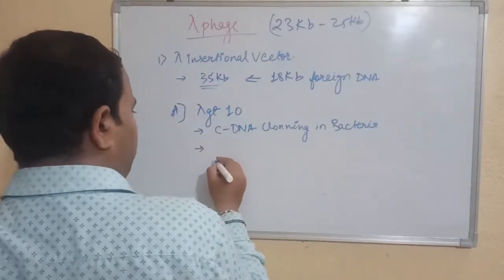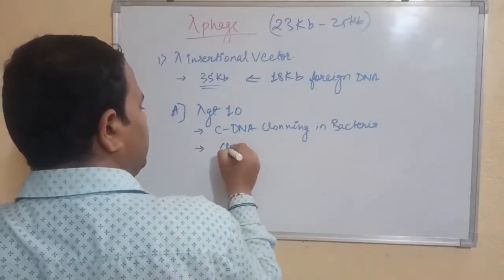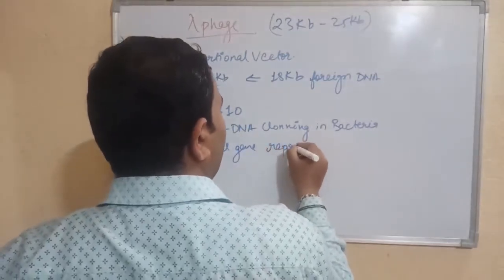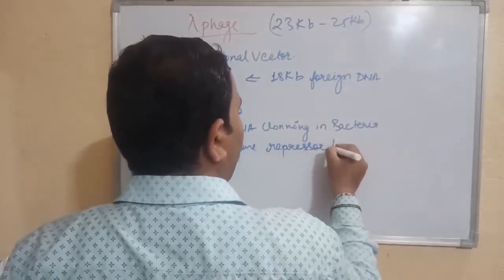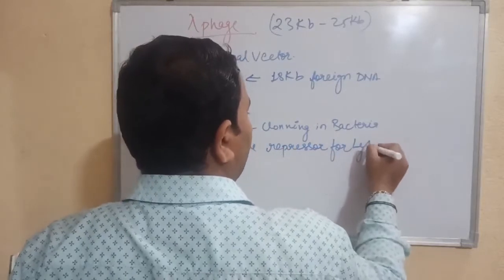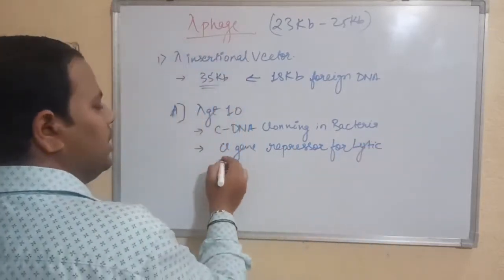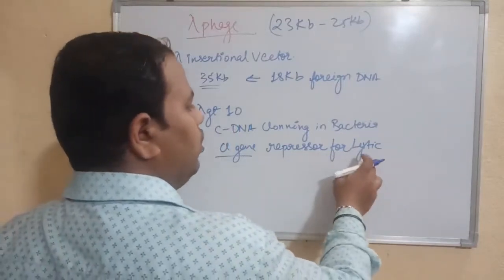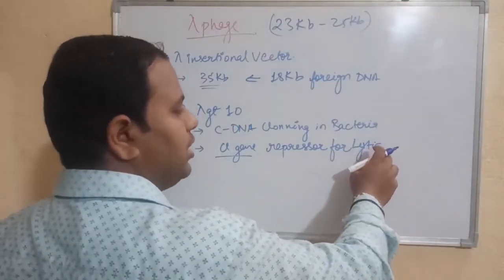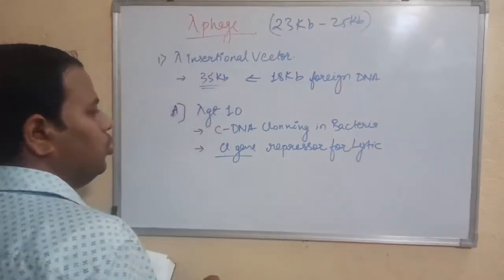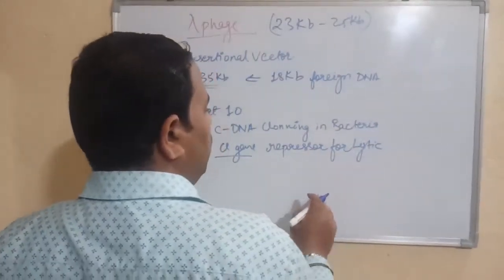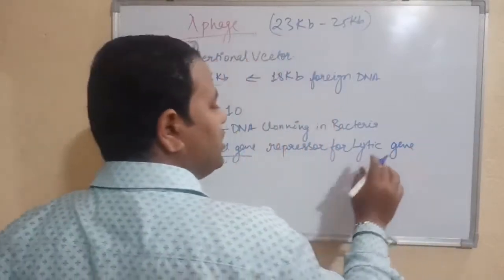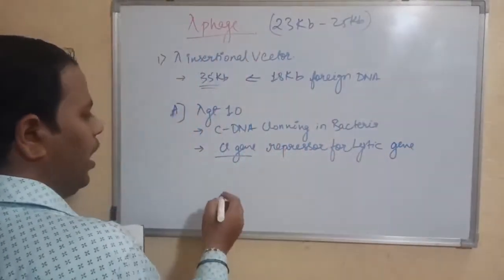The selectable marker gene used here is the cI gene, which produces a repressor for the lytic cycle, so it will repress the lytic cycle genes.